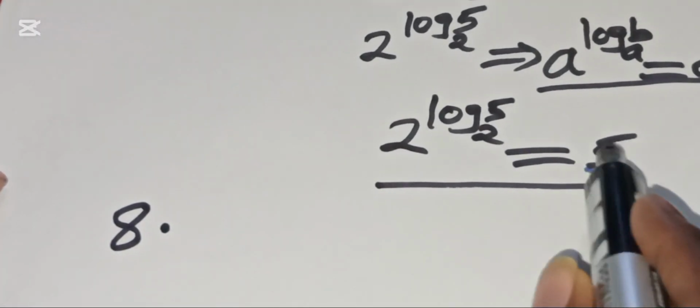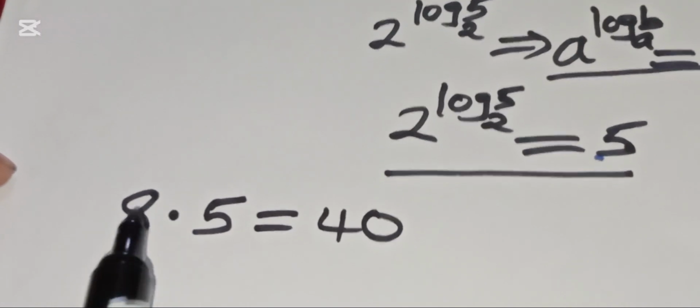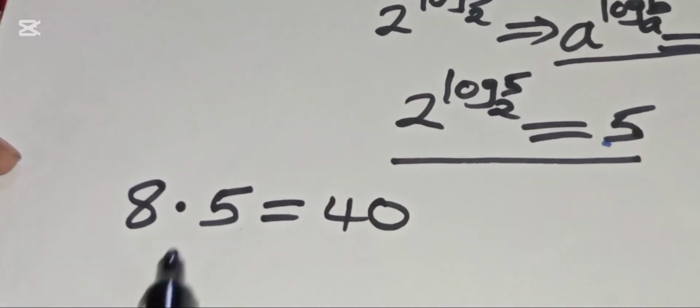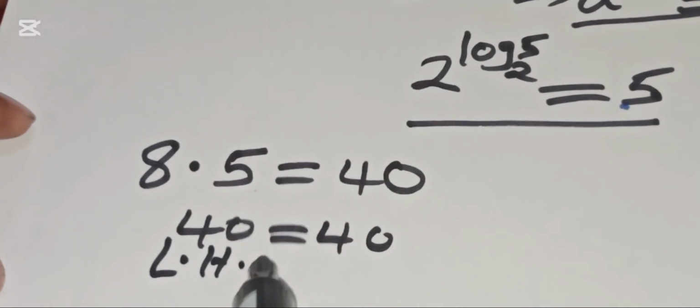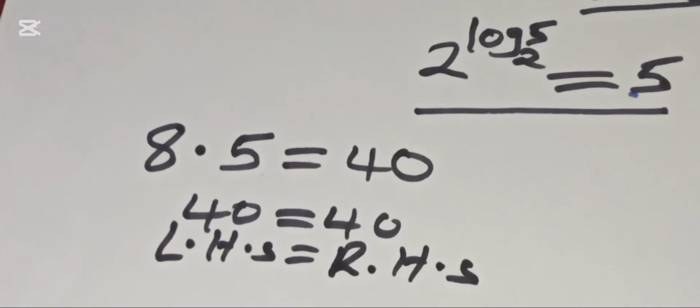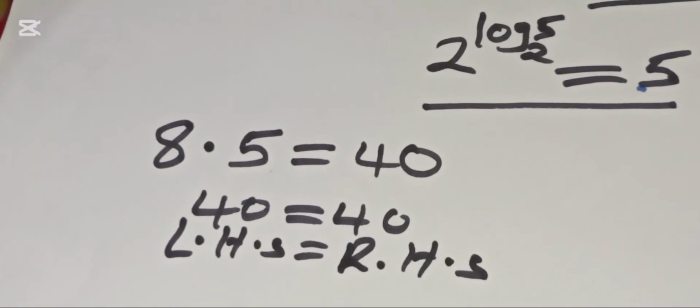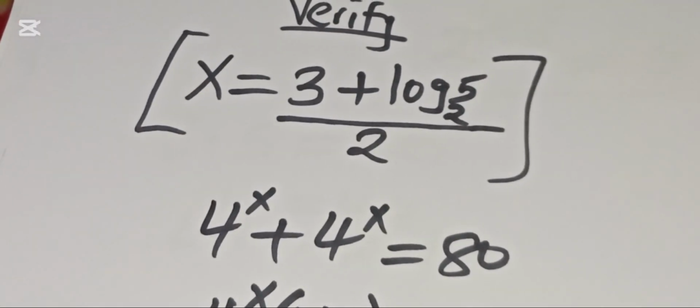So let's substitute: we're going to have 2 raised to power 3, which is 8, multiplying by 5. This is supposed to give us a value of 40. As you can see, this is 8 times 5, which is 40, which is equal to 40. And this shows that the left-hand side is equal to the right-hand side. And that affirms that the value of x, which is 3 plus log 5 to base 2 divided by 2, satisfies the equation.